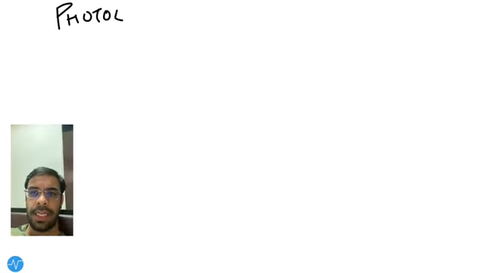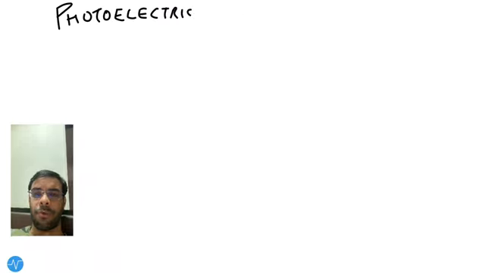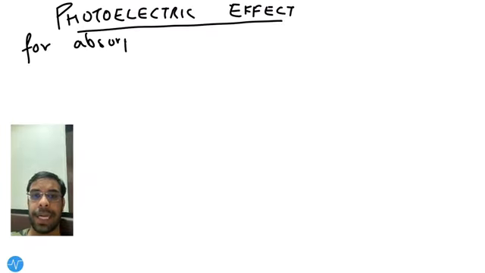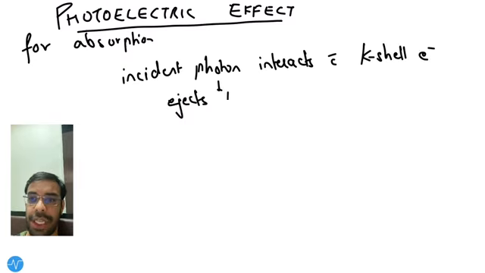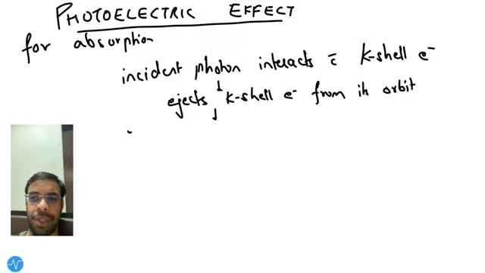Now let us study the second interaction, photoelectric effect. It is used for absorption. That means the incident X-rays will be absorbed. What happens? The incident photon will interact with the K shell electron. This will eject the K shell electron from its orbit.